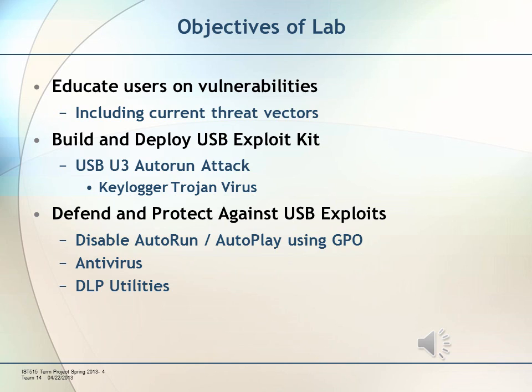It's going to be called the U3 AutoRun attacks, the specific one that we're going to be doing, and we're actually going to be deploying a custom Keylogger Trojan that we build along the way as well. And then lastly, we're going to show you how to protect and mitigate USB exploits using a few registry hacks, as well as a few COTS products and other solutions that we found that would help defend against this particular style of attack.